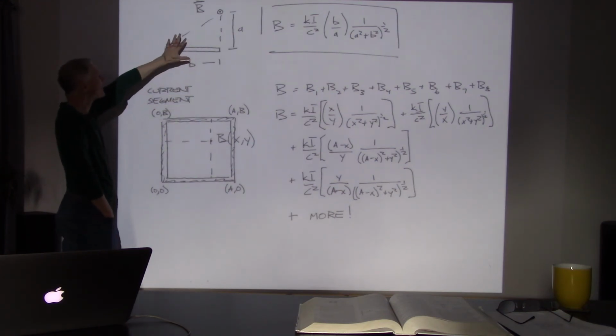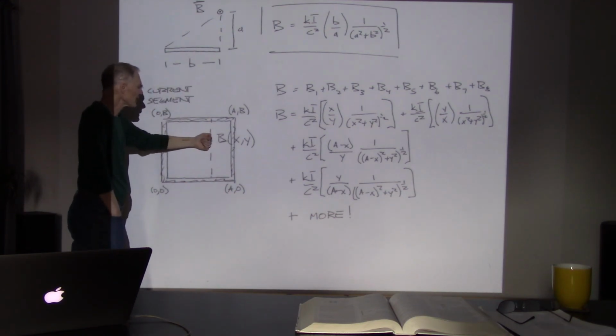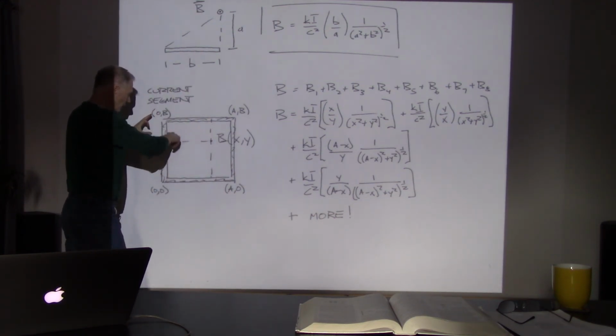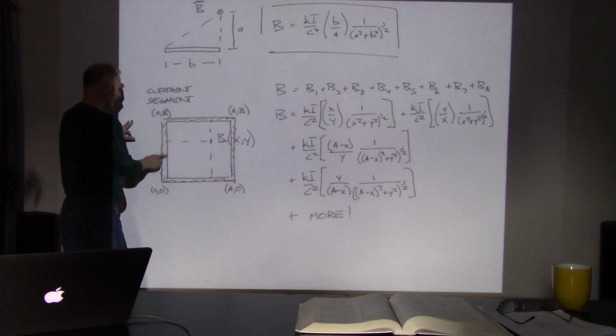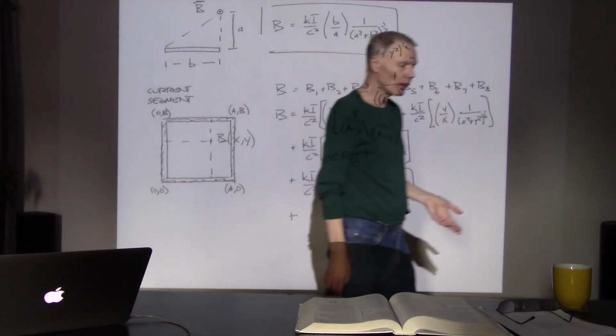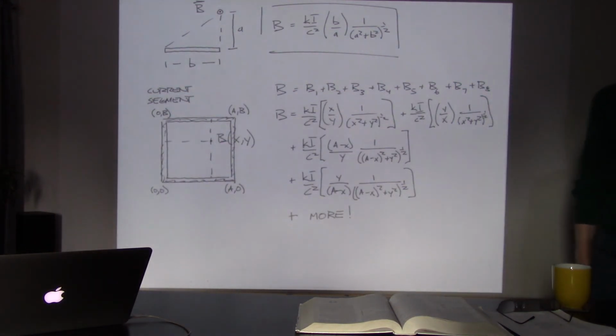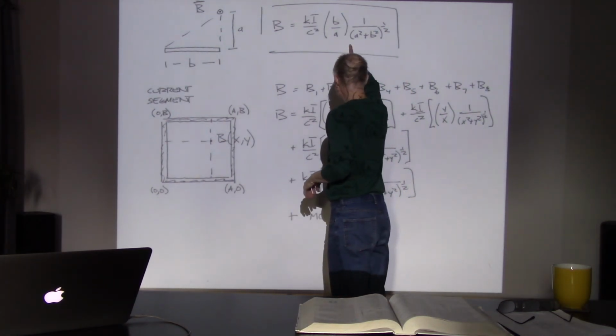Since the magnetic field is coming directly out of the board, I can take the rectangle and divide it up into 1, 2, 3, 4, 5, 6, 7, 8 separate segments, and say, now I can just use problem 41. So I can go back and use the formula that we had derived in problem 41.